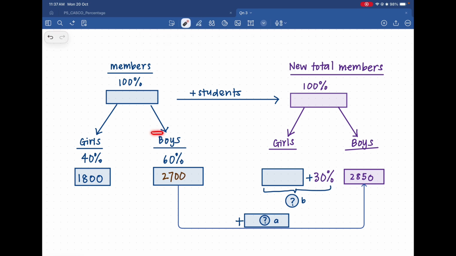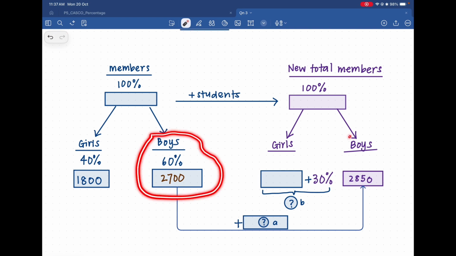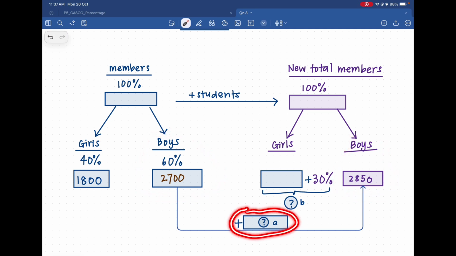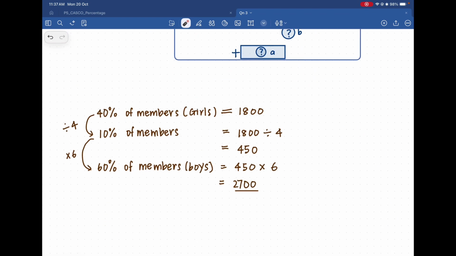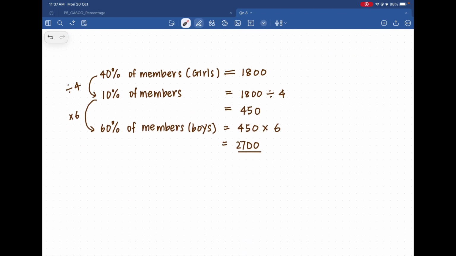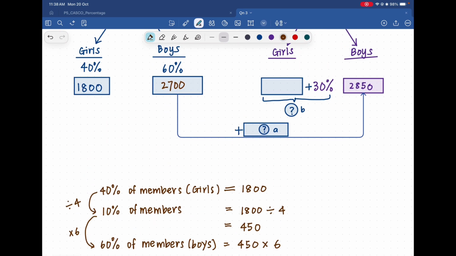So initially, 60% of the members are boys and there are 2,700 of them. And in the end, I have 2,850 boys. So how do I find out how many boys have joined the club? I will take 2,850 minus 2,700. So 150 boys have joined the club.